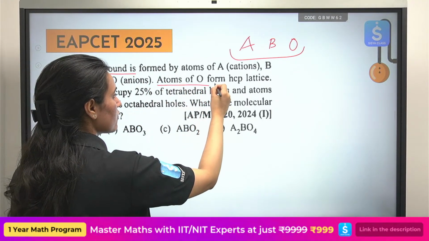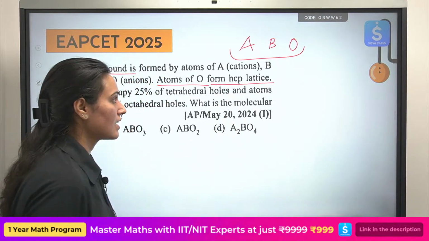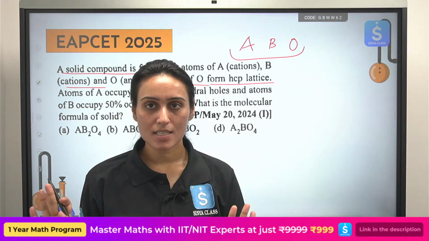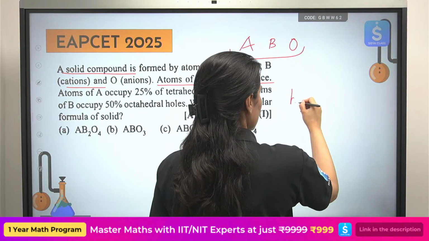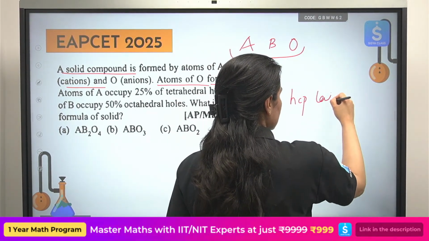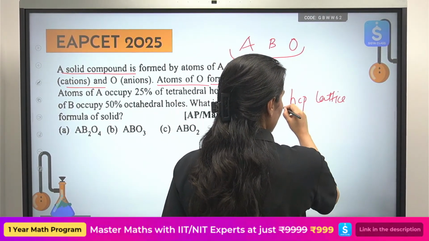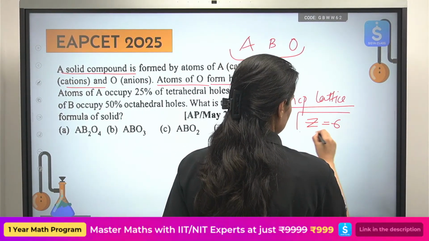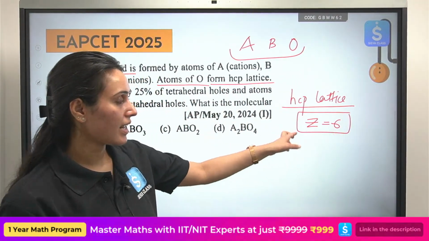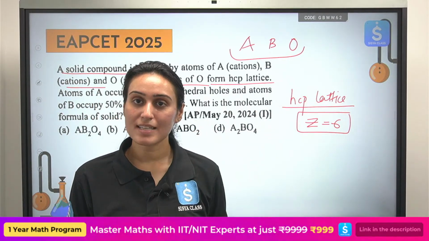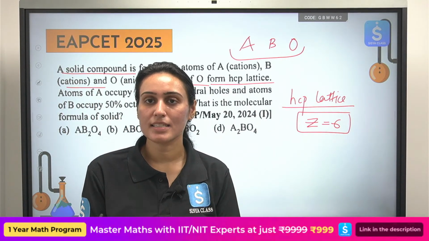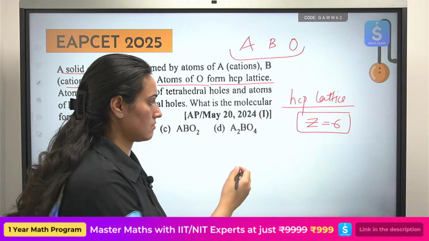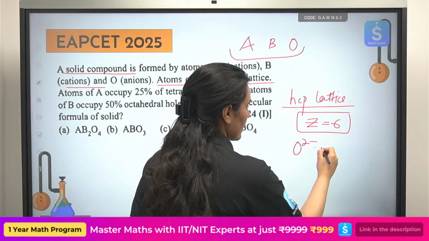So the formula has these three different types of ions, A and B cations, oxygen, anion. Atoms of oxygen form HCP lattice. The type of lattice will give you number of atoms per unit cell. Okay, so if it is HCP lattice, we have learned the number of atoms per unit cell are 6, and if they are telling us oxide ions are present at the lattice points, so number of oxide ions will be 6. One part is done.